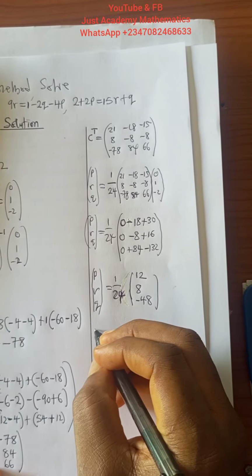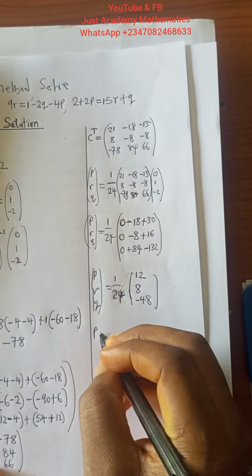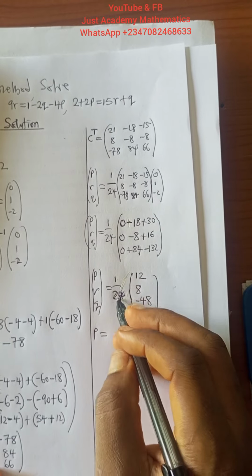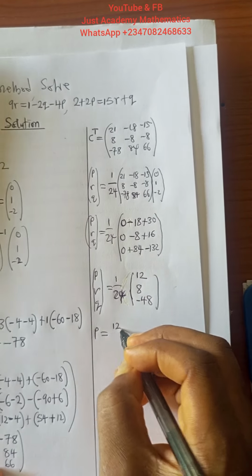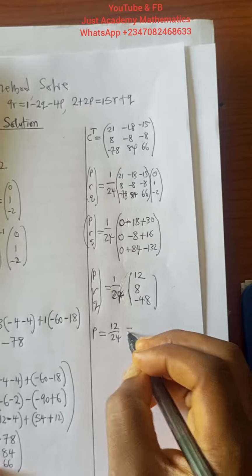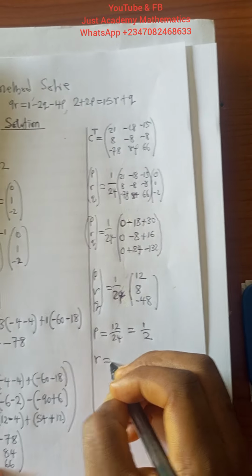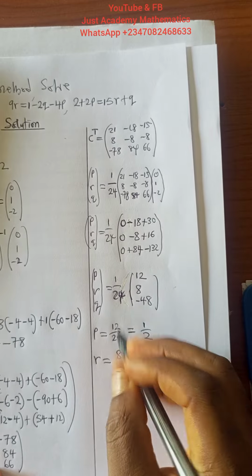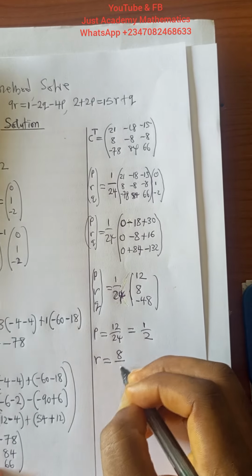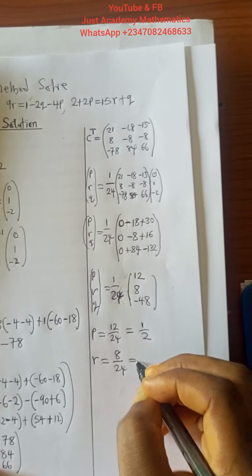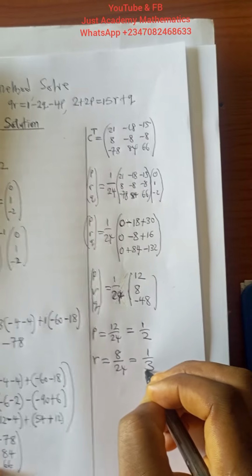So what that means now is that P is equal to 1 over 24 times 12. That is 12 over 24, which is equal to 1 over 2. R is equal to 1 over 24 times 8. That is 8 over 24, which is equal to 1 over 3.